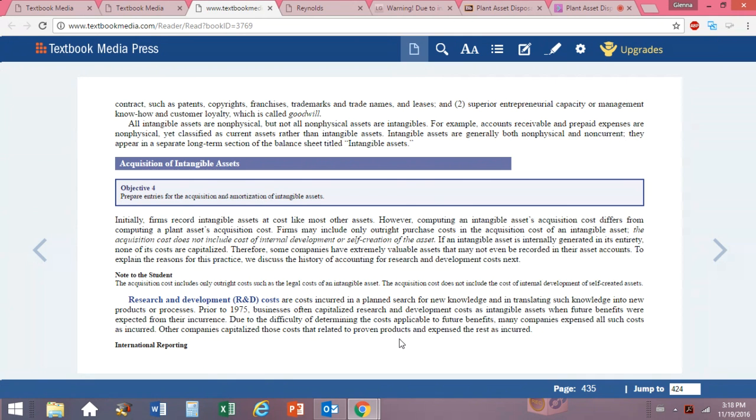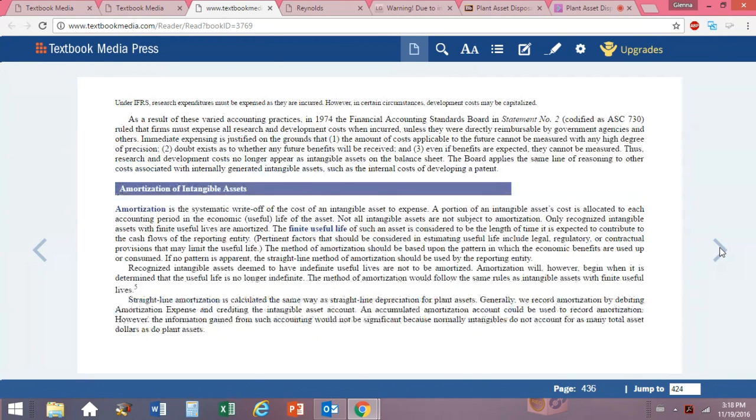That's why when pharmaceuticals are developing a new drug, all of those expenses that go into trying to find the drug, to get it through the clinical trials, get it approved, all of that gets expensed right then and there. So then when the drug actually comes to market, it's outrageously expensive because the drug company is trying to make up all those expenses they incurred in bringing that drug to market.